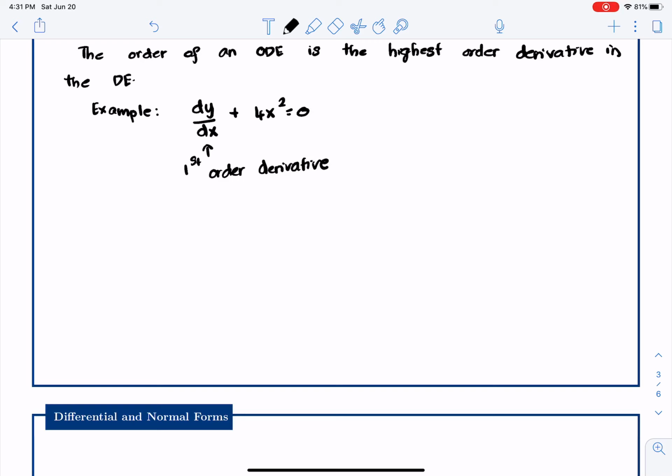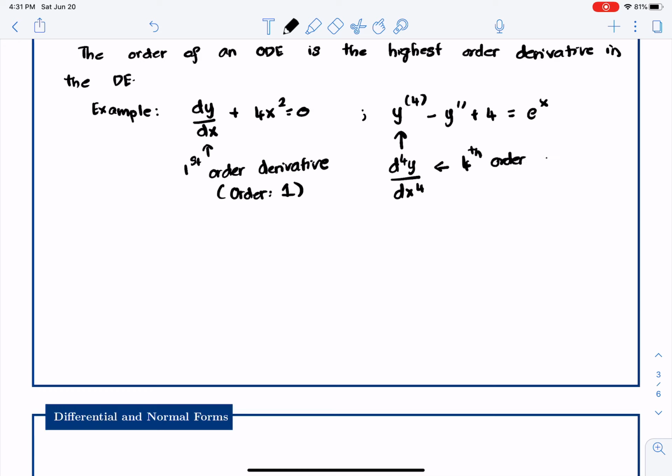So the order here is 1. As a second example, we could have that equation. So that simply means a fourth order derivative. So the order here is 4.